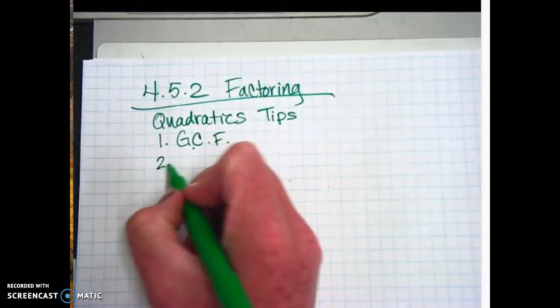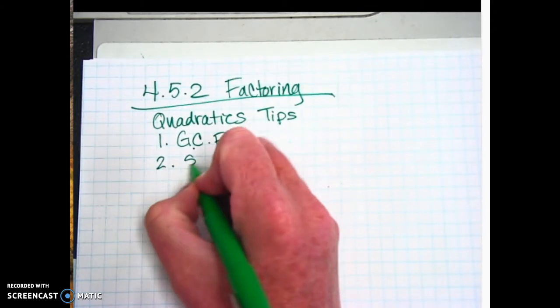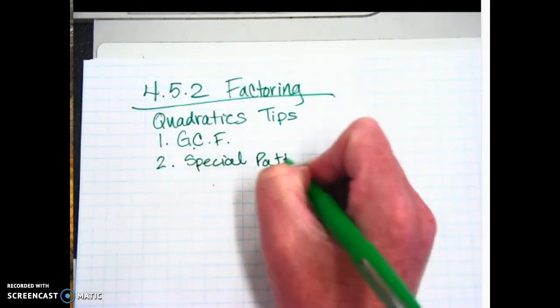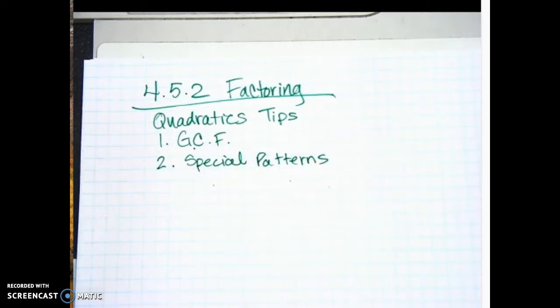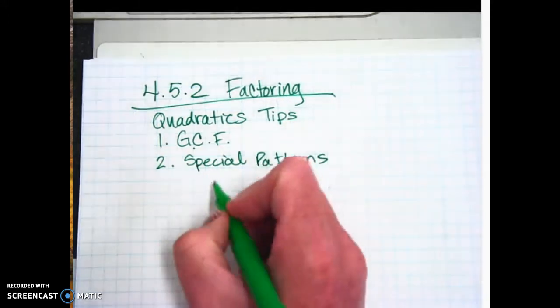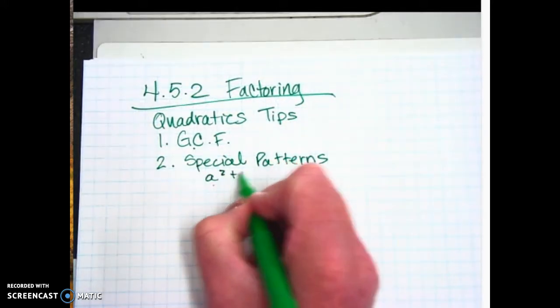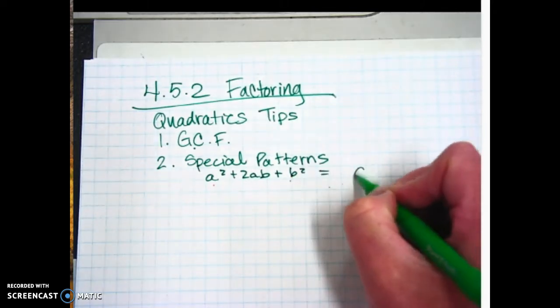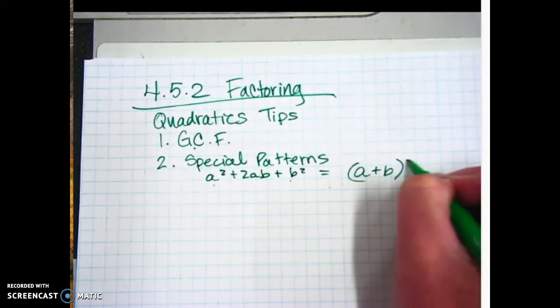Second, if it follows one of the special patterns, you might save a little time working backwards and being able to factor that way. If it's a squared plus 2ab plus b squared, you can easily factor it to a plus b squared.